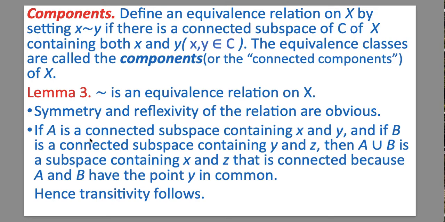For the third one, if A is a connected subspace of X containing x and y, and if B is a connected subspace containing y and z, then A union B is a subspace containing x and z that is connected because A and B have the point y in common. Hence this relation is also transitive. It means this is an equivalence relation.